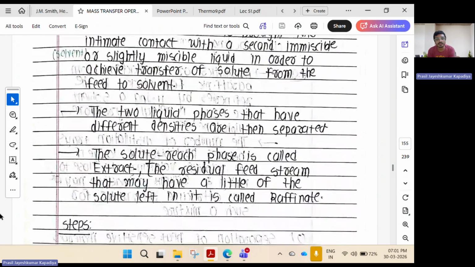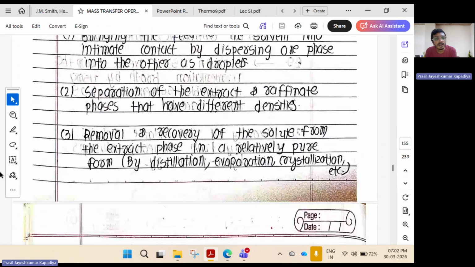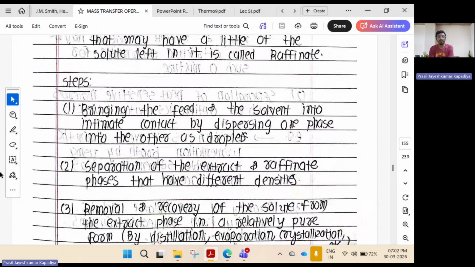Okay, so two phases. What is required is that the solvent phase should not be miscible in the feed phase, but there is always slight miscibility of solvent into the feed phase. So that should be very less. So this is liquid-liquid equilibrium. We first bring the feed and solvent into intimate contact by dispersing one phase into the other as droplets or in other ways.